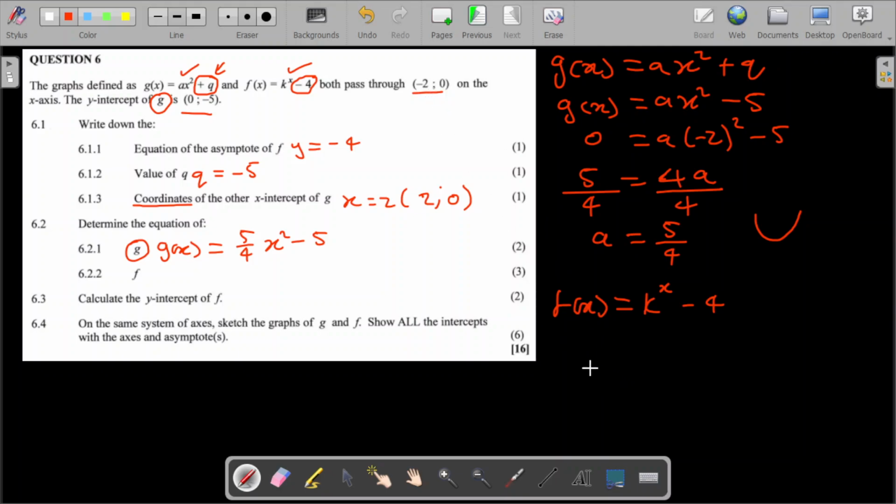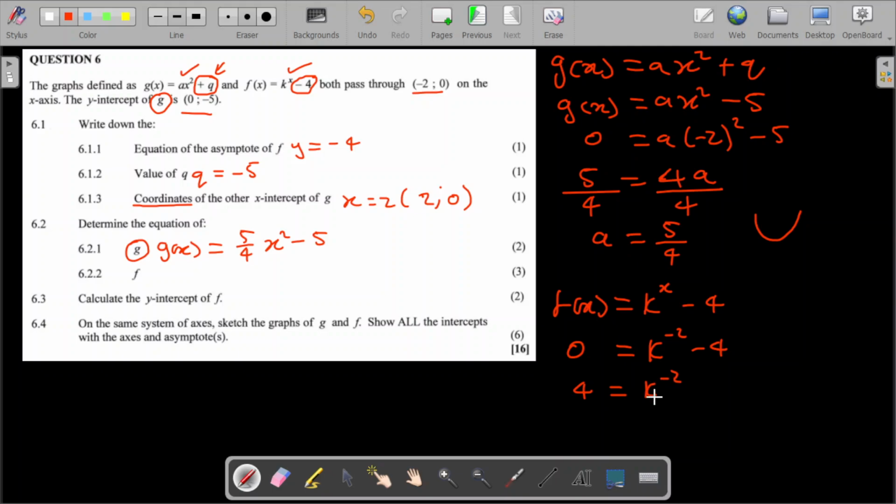So my y here is going to be 0 equals, and then my x is negative 2 and then negative 4. Now from here, I can take this to the other side, which is going to be 4 equals, then from here it's going to be k into negative 2.